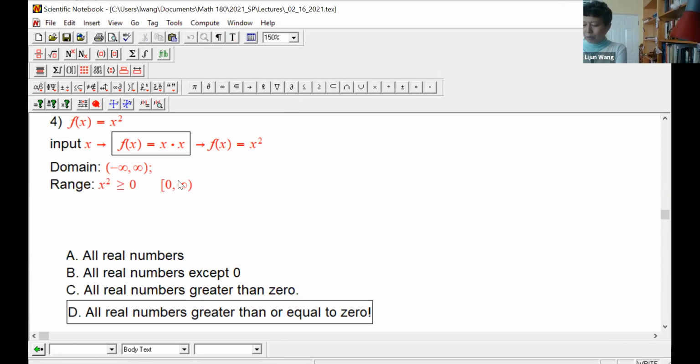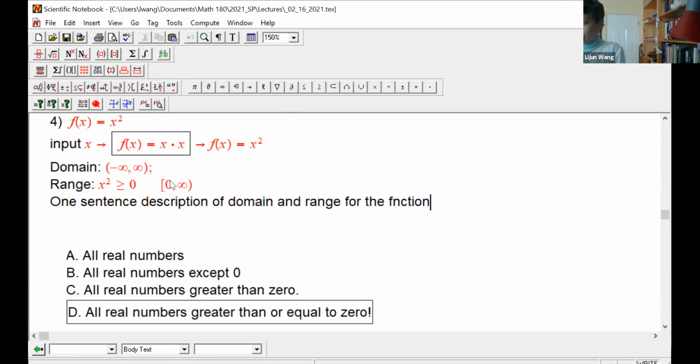I also want to show you. I want you to talk about mathematics. I want you to speak it, and speak it concisely. This can be done by practice. So I'm going to have a one-sentence description of the domain and the range for this function.